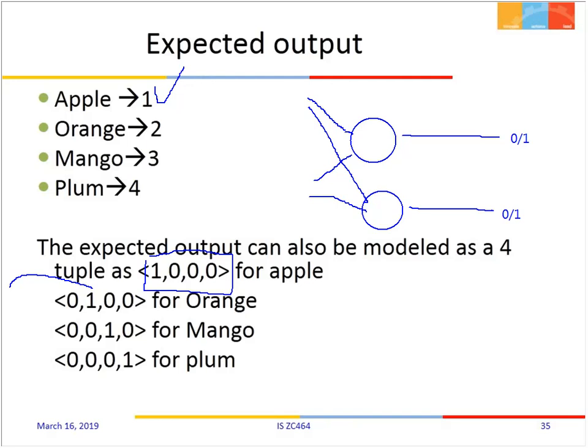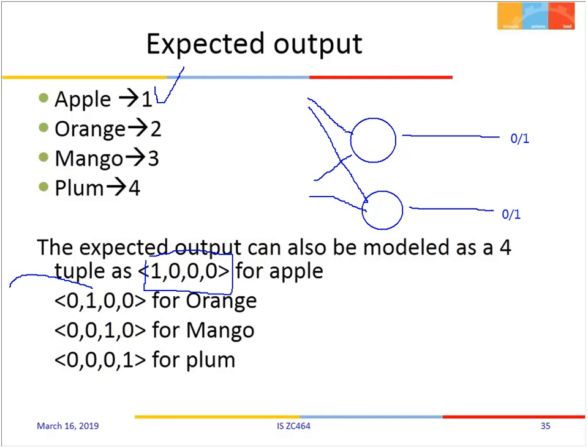For plum, I should get something like 1, 0. And for mango, I should get something like 1, 1. That means 2 bits can also be used to represent 4 classes, and it is much easier to get the results in these 2 output lines than a single line producing 1, 2, 3, and 4 for different inputs, right?